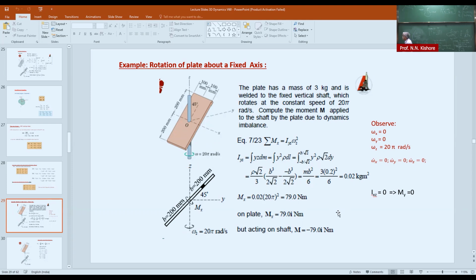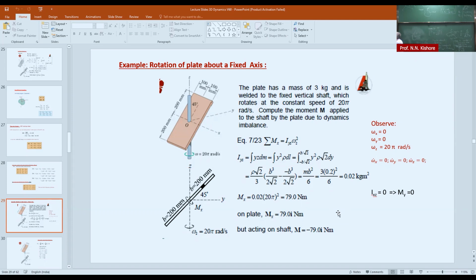Okay, and so this is Mx. So you can imagine that the axis of Mx is on this one. How do we generate it? Imagine that there are two bearings, up and down.